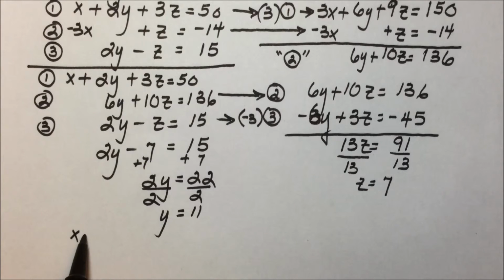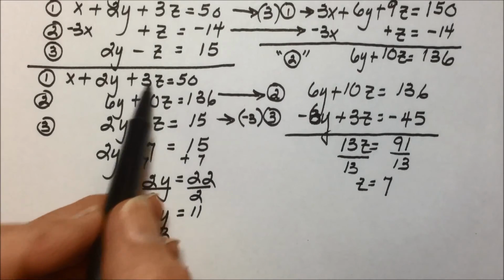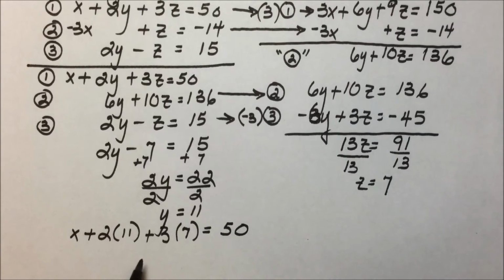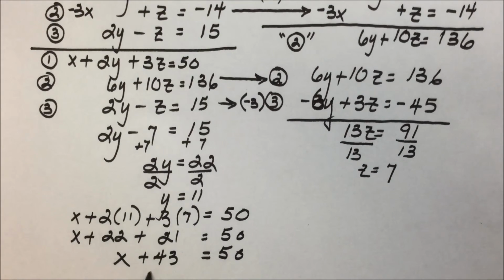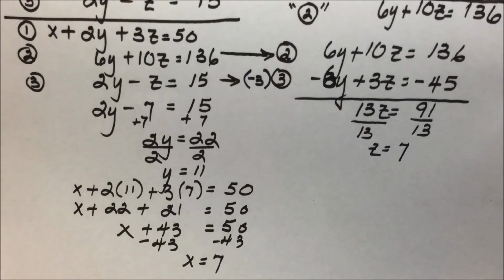And that equation is x plus 2 times the y value, which we found to be 11, plus 3 times z, and we found z to be 7, is equal to 50. Simplifying the multiplication, we'll have a 22 plus a 21. Simplifying further by combining like terms results in a sum of 43 is equal to 50. Subtracting 43 from each side leaves us with x equal to 7.